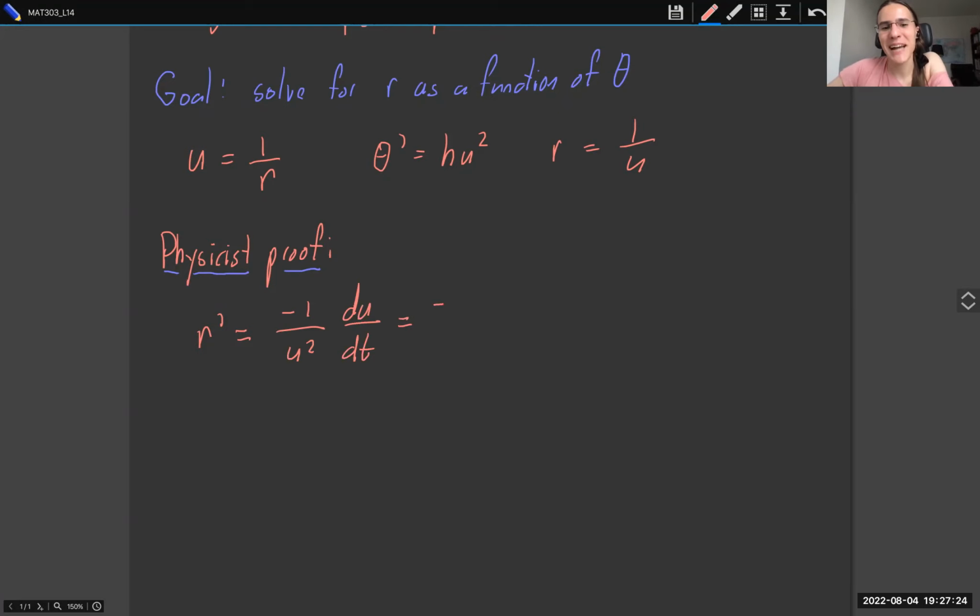We're now going to imagine that u is a function of theta. So we're going to do chain rule and write du d theta, d theta dt. And we can do this because we're physicists. Well, d theta dt is equal to h u squared, right? But there's a u squared here, so that's equal to negative h du d theta.